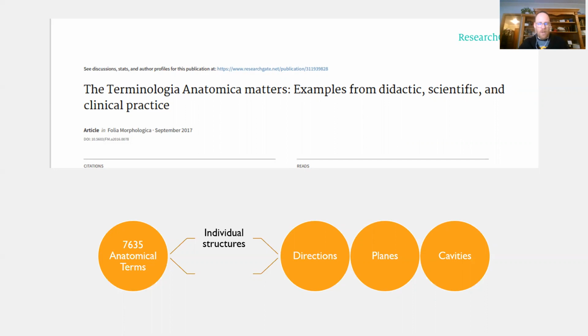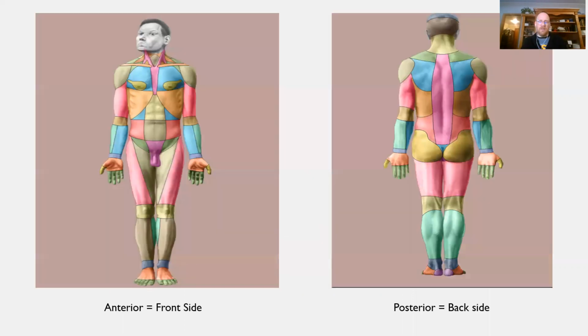According to the Terminologica Anatomica, there are 7,635 anatomical terms, individual structures that can be further divided into directions, planes, and cavities. I'm sorry. So let's talk about those.